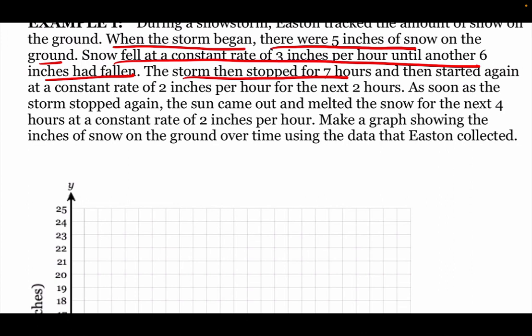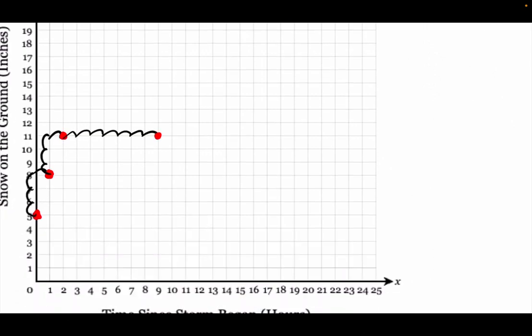Then it starts again. It's going to start again at a constant rate of 2 inches per hour. So that means it's going to go up 2 inches every 1 hour, right? For how long? 2 hours. So we're going to do that for 2 hours. So we're going to go up 2 inches every 1 hour.